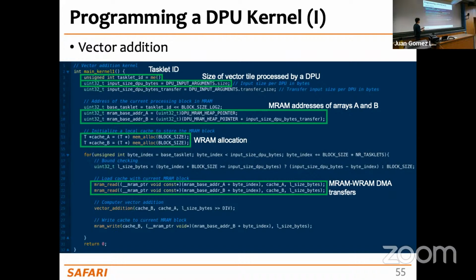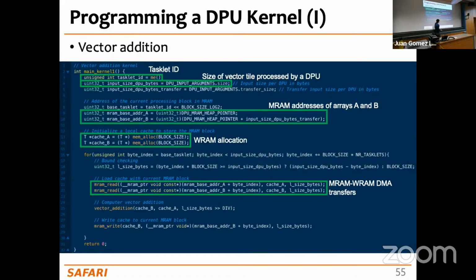Now that we have this external loop to distribute chunks of block size over the multiple tasklets, we have to use those chunks in some way. There is some bound checking here that we can ignore for now, but basically we are using this MRAM read to transfer data from MRAM to WRAM.